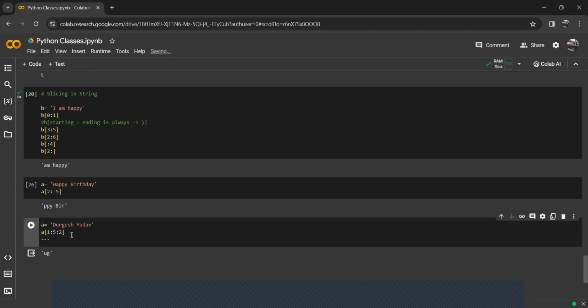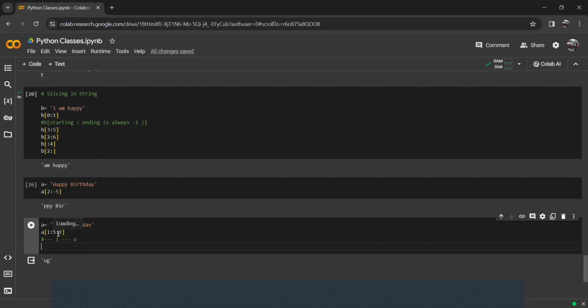Starting is from the index 1, which means starting is from U. Now, the second thing tells us the ending, which means ending is at the fourth index. So if starting is from the first index and ending is at the fourth index, then we will get U R G. Yes or no?